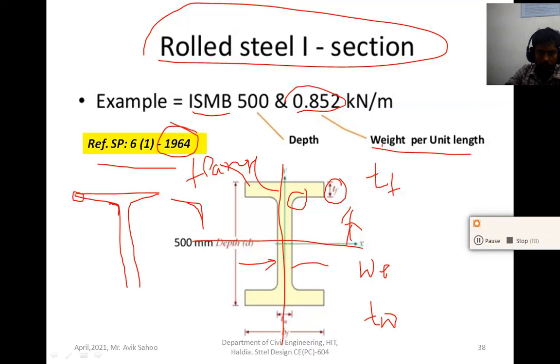So why is it a curve shape? Because to reduce the stress concentration. When stresses accumulate in this portion, if I simply drop the section, then the stress concentration is high and local failure may take place.